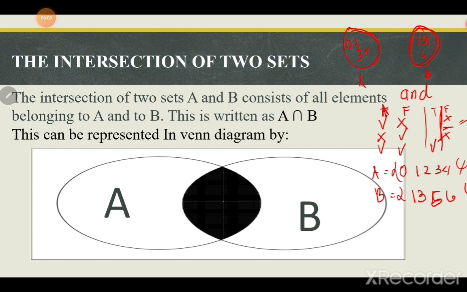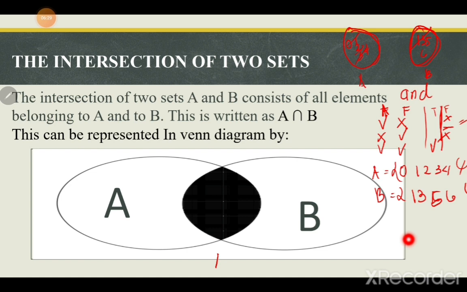So how will you represent the intersection of these two sets? It is easy. Let's look for what is the same. We have 1, 2, 3. The three are the same.